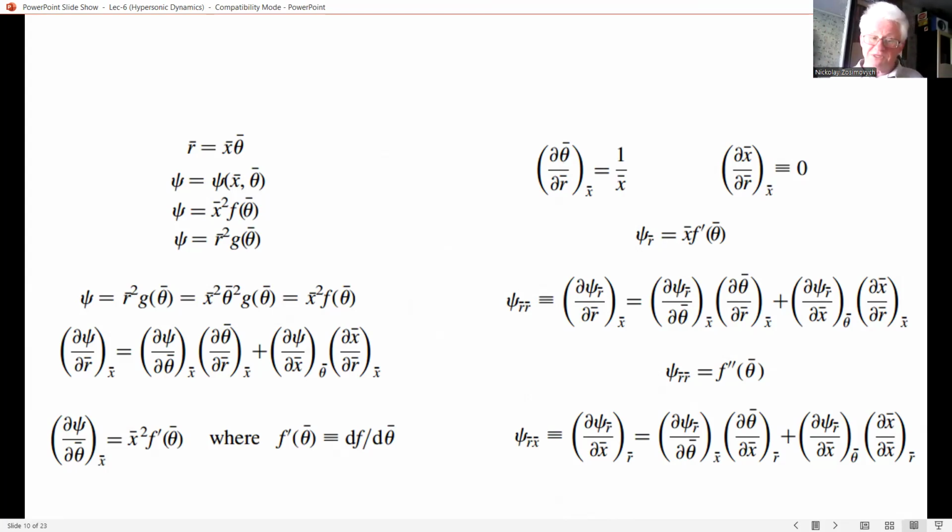So, for example, from the chain rule, we may write the expression d psi in the X component, depending on theta and X. Here the subscripts are added to remind you what independent variable is being held constant for each of the partial derivatives.